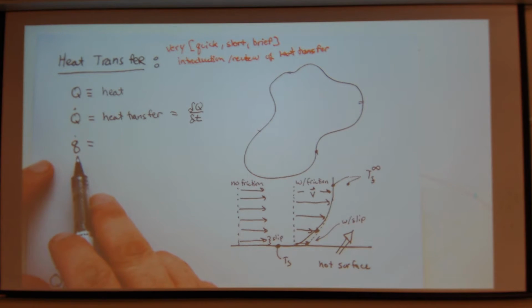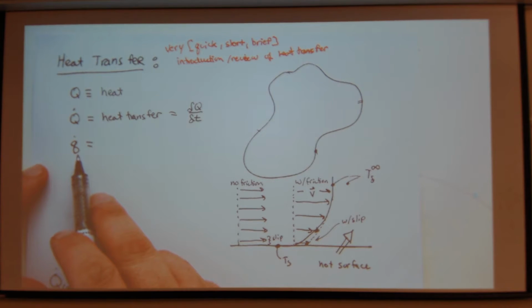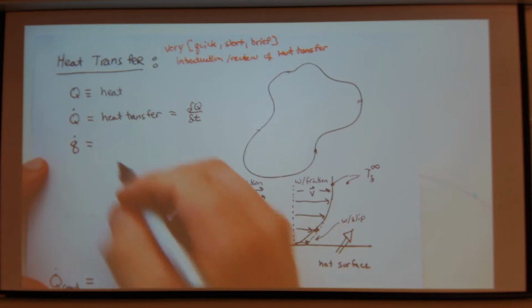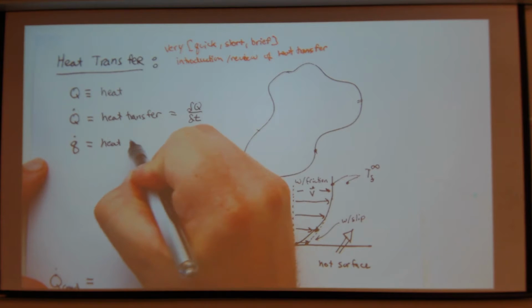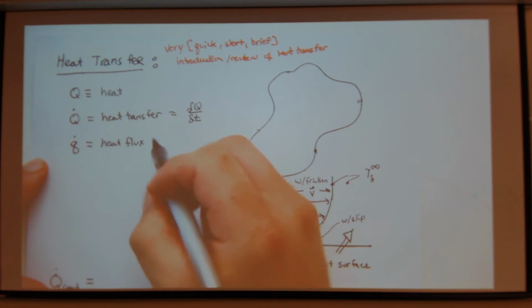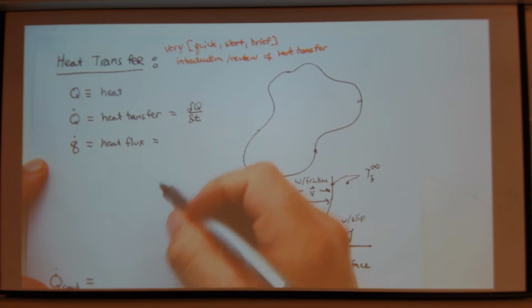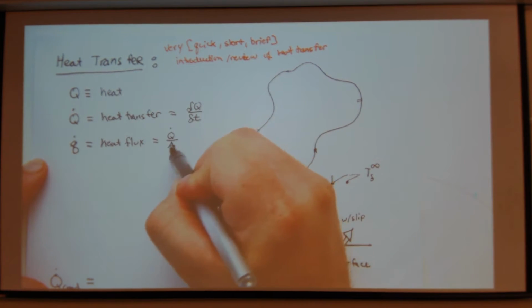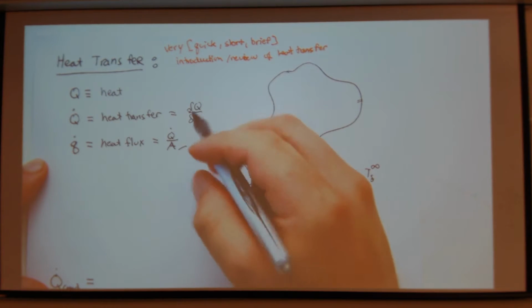Now, what is more commonly used in the engineering community is this small q with a dot above it, which represents the heat flux. And the heat flux is related to Q. It is basically Q dot over A, where A is the cross-sectional area.